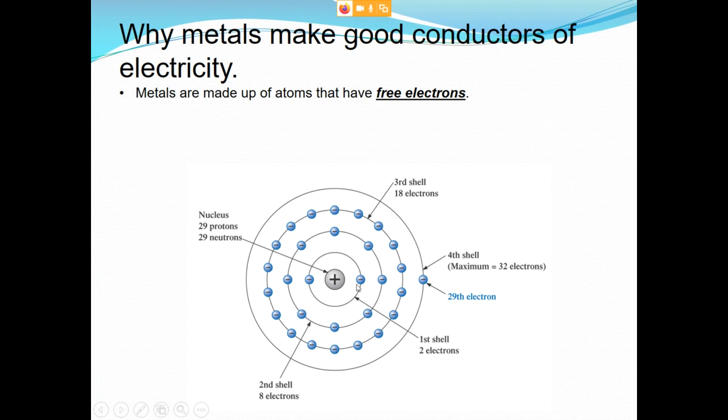But the electrons also have what they refer to as energy bands, and there are multiple different energy bands. The first energy band, the one closest to the nucleus, only accepts 2 electrons. Once it gets those 2, it's happy and it won't accept any more.